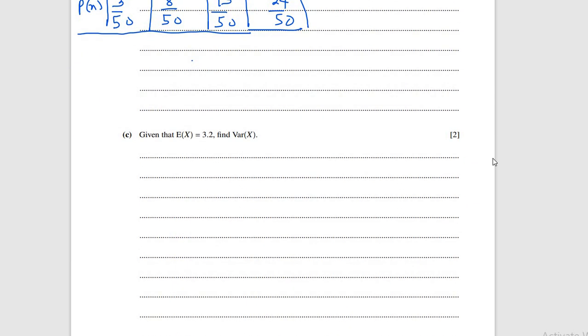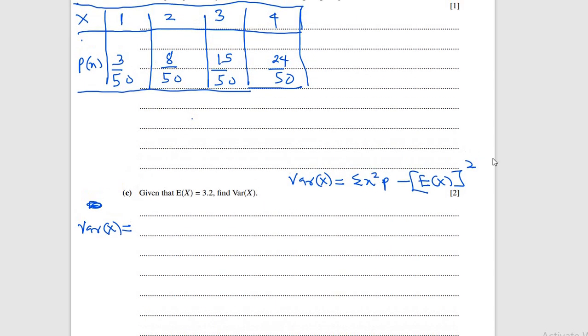Given that expectation of x is 3.2, find variance. It's given in the MF19. Variance is summation of x squared multiplied by probability, minus E of x all squared. That's the formula for variance. So the variance will be summation of x squared. The first x is 1, that will be 1 squared, and the probability is 3 over 50.